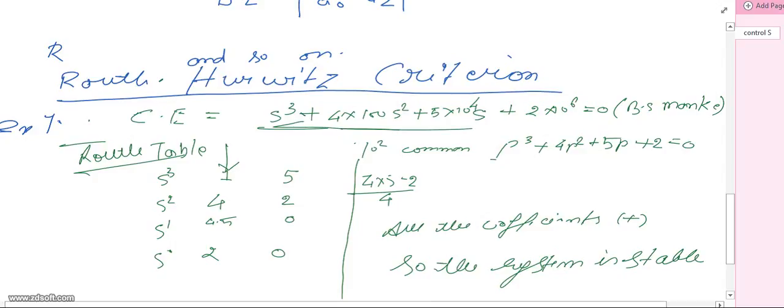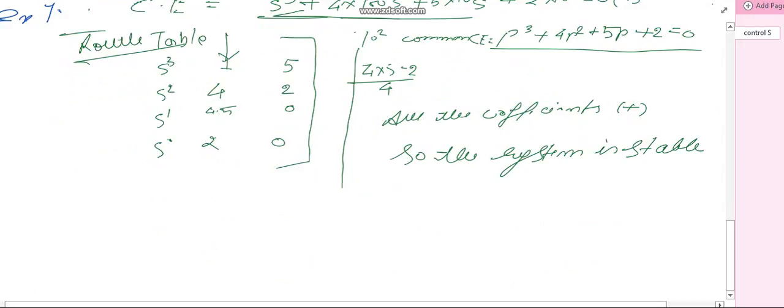This you can consider to be the characteristic equation, and you can see from the Routh table how the stability is determined. Since there is no sign change in the first column, the system is said to be stable. Now let us take one more example.